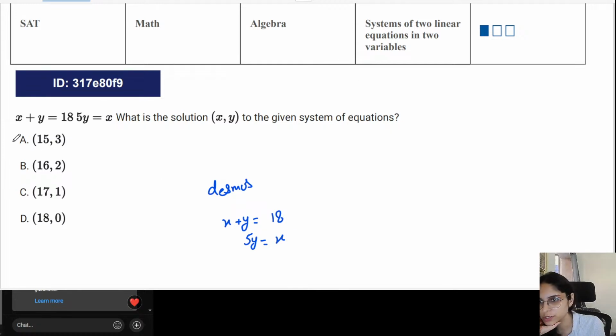Anyway, y is going to be 3. In method 2, we can just replace x with 5y. This is going to be 5y plus y equals 18. 6y equals 18, y equals 3. And there's only one option which has y equal to 3, so option A.